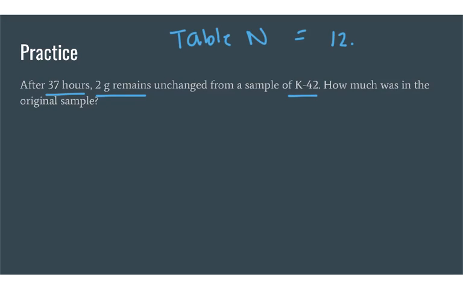I'm just going to double check my periodic table. 12.36 hours. Okay, so we had 37 hours elapse. We're going to divide this by 12.36, and we end up with 3 half-lives.